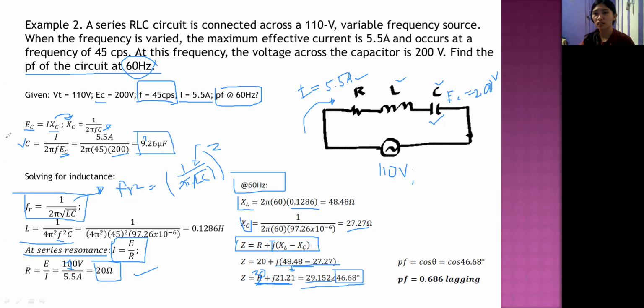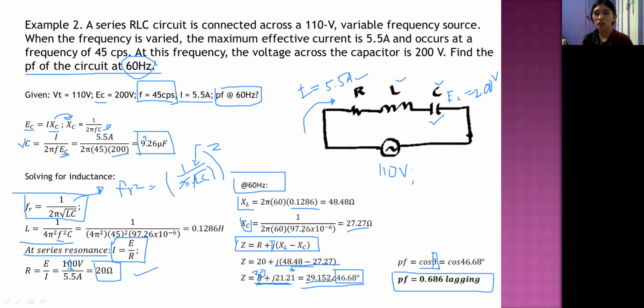So power factor is just equal to cos of the angle, which is cos of 48.68 degrees. So the power factor answer is 0.686 lagging. So why is it lagging? Because the value of the inductive reactance is greater than the value of the capacitive reactance.